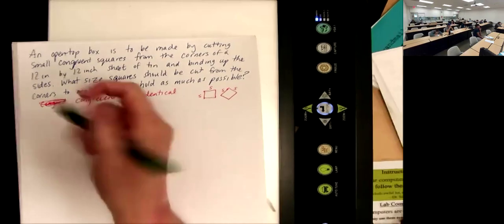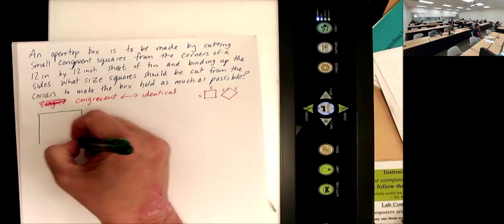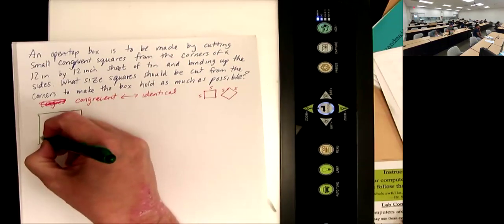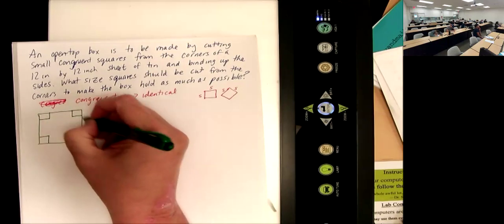So, what we have is a piece of tin, and it's starting out as a square, and we want to cut out corners from this.